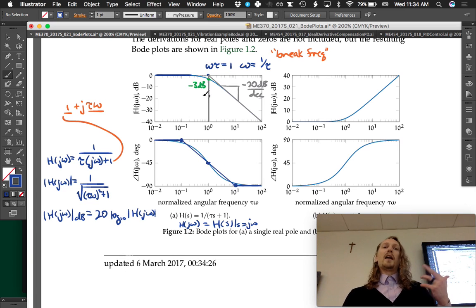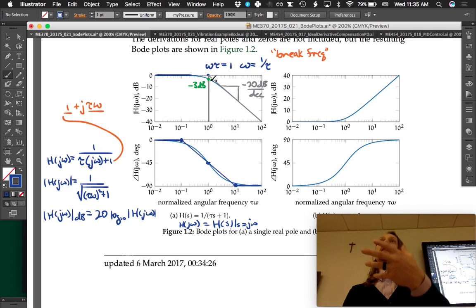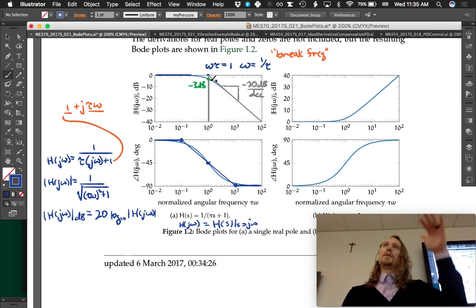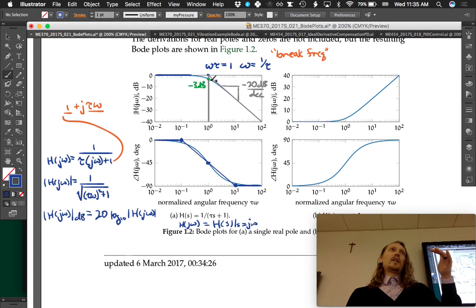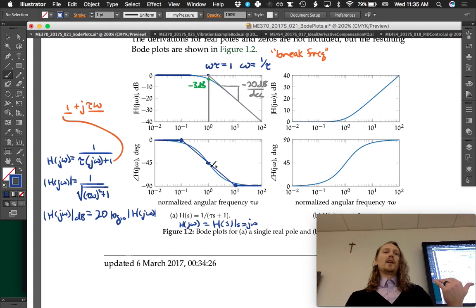At a given frequency, for instance omega equals the break frequency, the magnitude is negative 3 dB, so the output amplitude of the sine wave is a little bit less than the original, and the phase shift is negative 45 degrees.